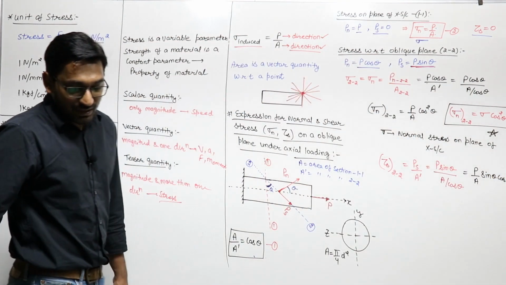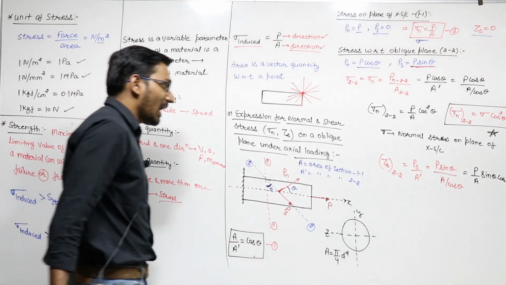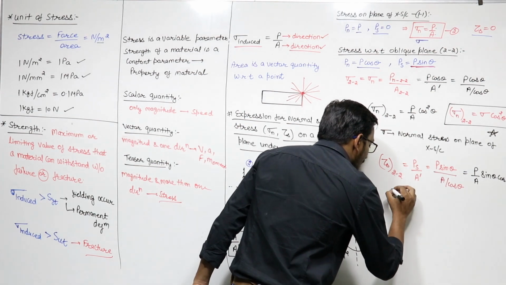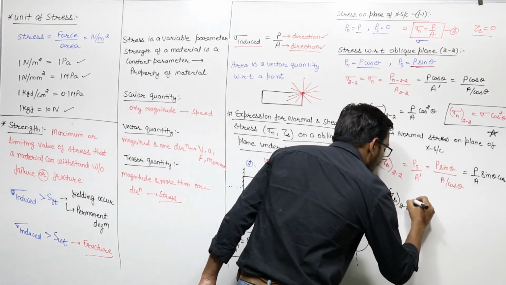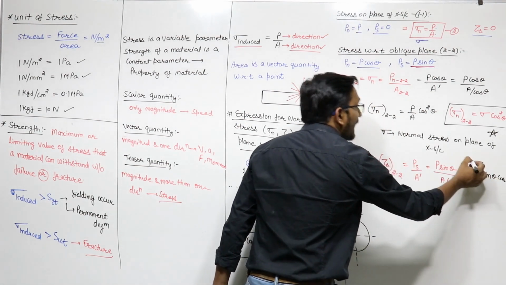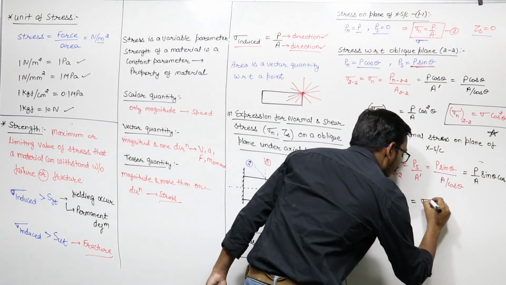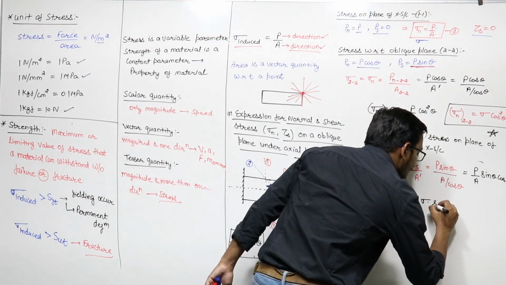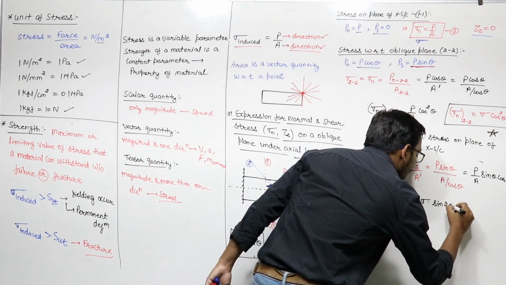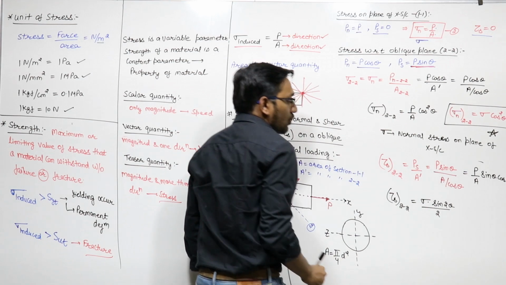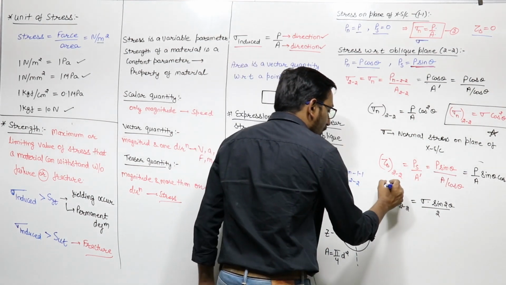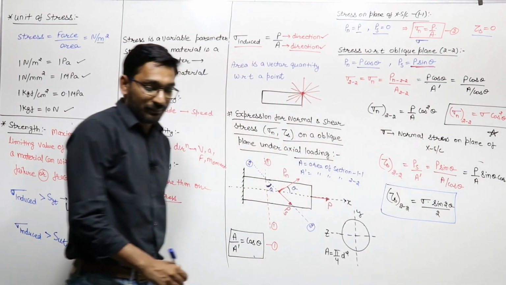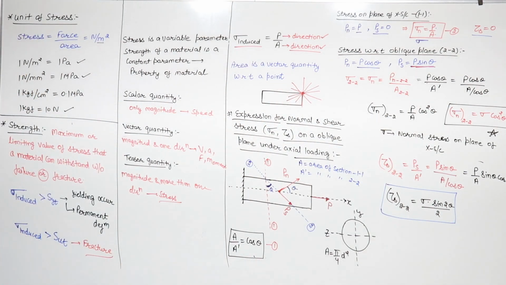So tau s on section 2 will be equal to P by A, which is sigma, into sin theta cos theta, which is sin 2 theta by 2. This is the shear stress on the oblique plane.